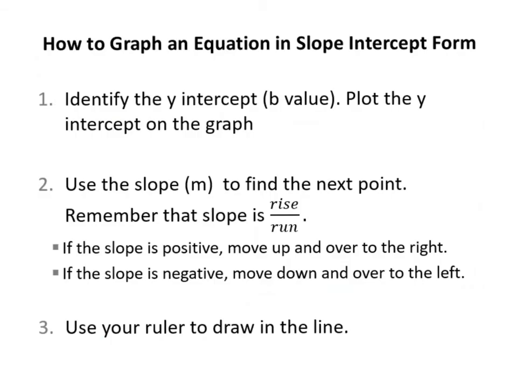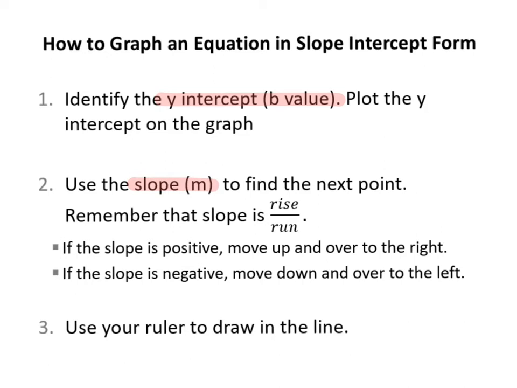Now in order to graph an equation in slope-intercept form, there's a couple of steps we have to follow. First, identify the y-intercept, or the b value, and plot the y-intercept on the graph. Then you're going to use the slope, or the value of m, to find the next point, remembering that slope is rise over run.